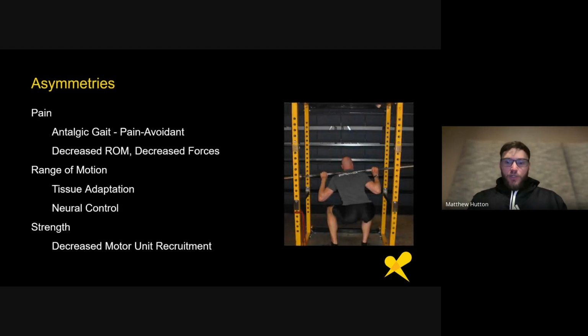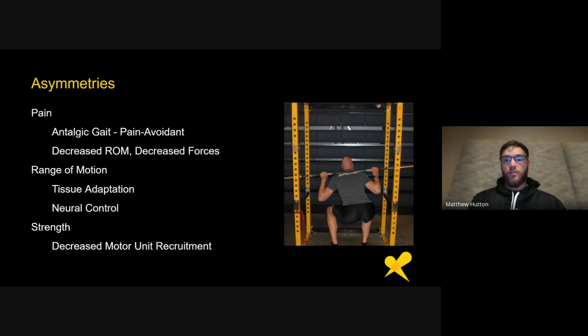So for asymmetries, this picture is obviously really exaggerated. This is some gym coach or maybe a PT who's exaggerating an asymmetry, but what you see is the hips are way out of the center of alignment. If you just drew a line down the center of this page, you should see more or less symmetry between the hips, the low back, the shoulders, and then the bar should be flat. One obvious tell is if the bar is not flat, there's some kind of malalignment here.